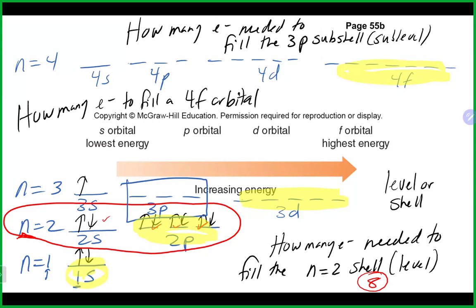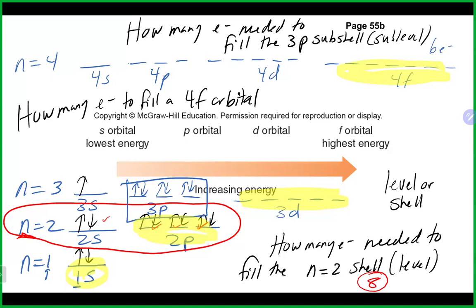It's specifically asking about the 3p subshell, which is the grouping of the p orbitals together on the third energy level. So this question is asking how many are needed to fill up the 3p subshell itself. That would be just those 3 orbitals, which would be 2, 4, and 6. I did not fill those in correctly, but eventually 6 would be there.